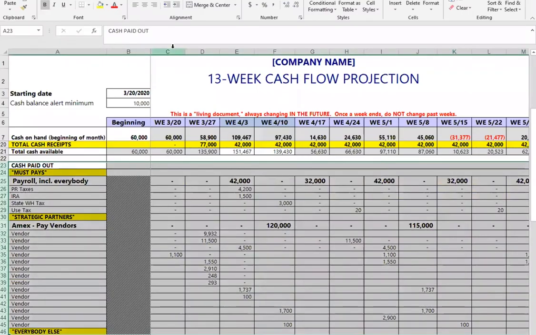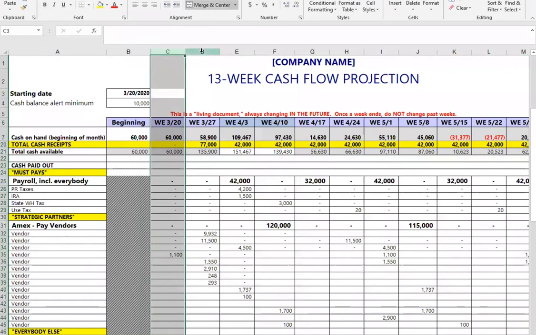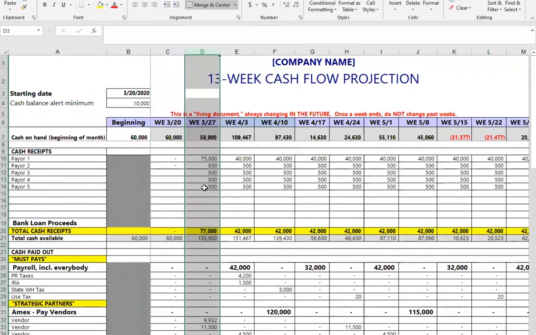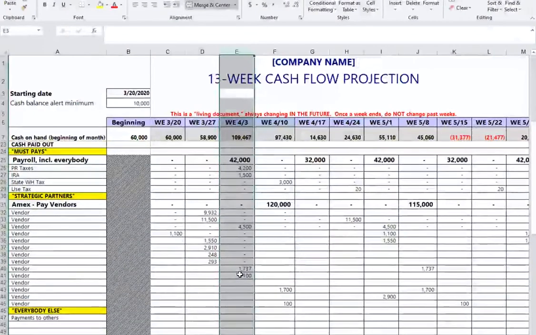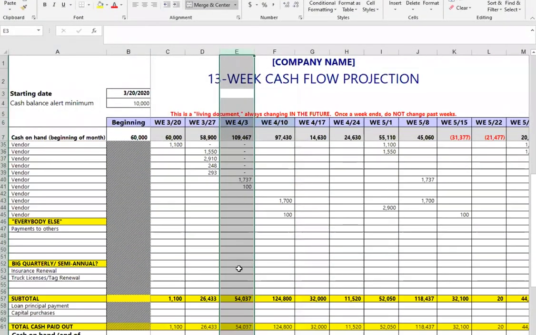So you literally go week by week and you say, what do I think's coming in, cash receipts? What do I think's going out? What must I pay in terms of must pays, the payroll taxes, anything that you withhold from payroll like IRA or retirement contributions, certain vendors that you feel you must pay this week, and so forth and so on.